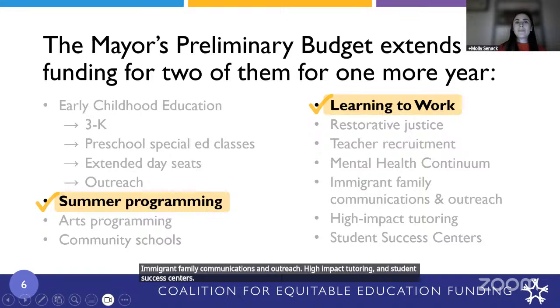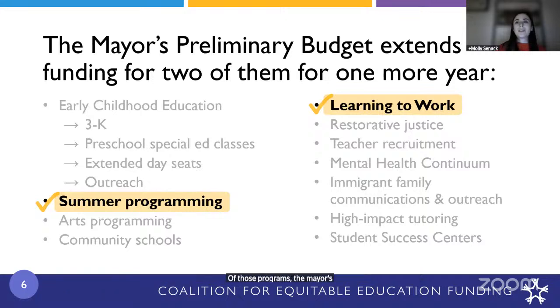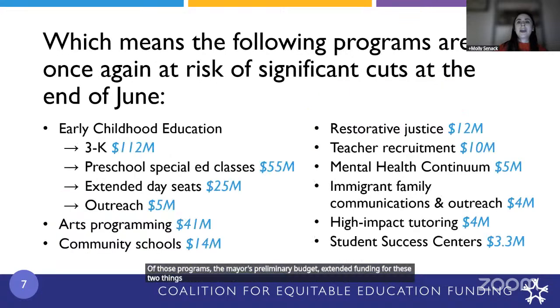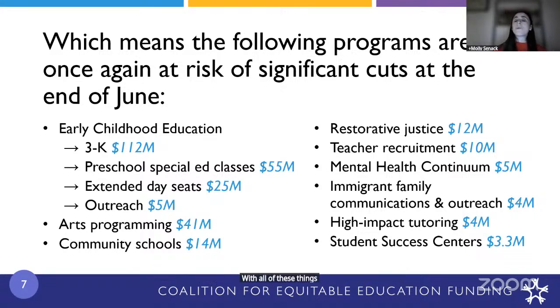Of those programs, the mayor's preliminary budget extended funding for only two, meaning that everything else is at risk of being cut at the end of June. Next year, it is very possible that students are going to be showing up with all of these things significantly rolled back or eliminated entirely.